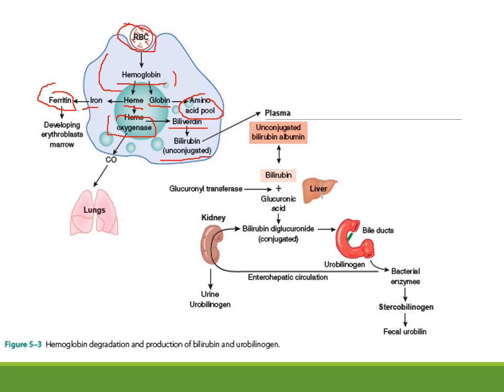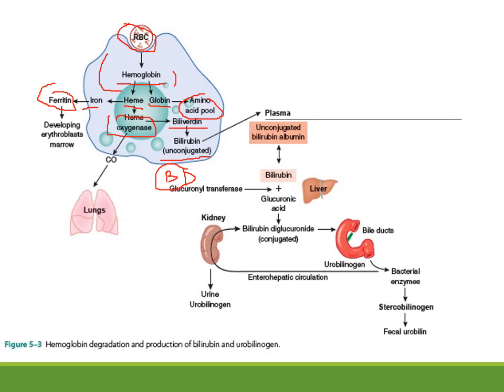The type of bilirubin converted from biliverdin is bilirubin 1, or B1. This type of bilirubin is the unconjugated, indirect form of bilirubin.